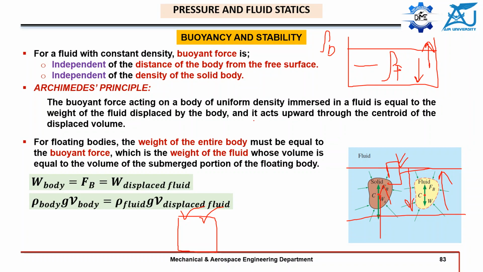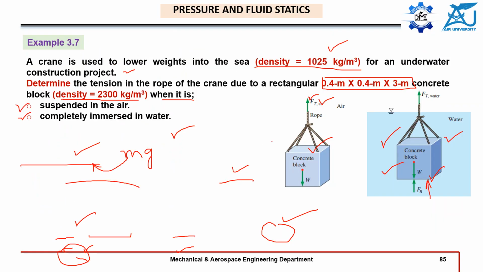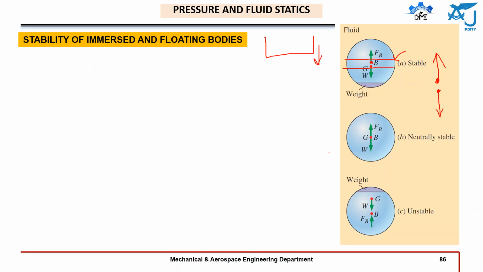This is the point which I forgot to tell you. So it acts upwards through the centroid of the displaced volume. The displaced volume is actually this thing. This is that displaced volume. So if it is a circle, the centroid will be in the center.